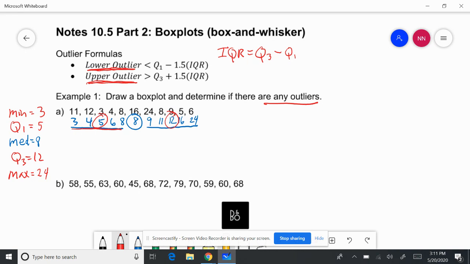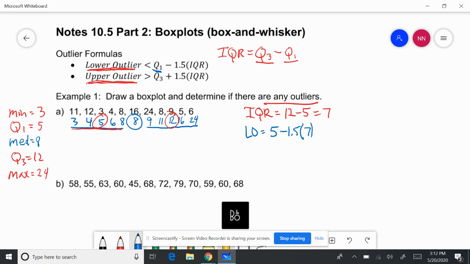How we check to see if there are any outliers is by using the formula. We're going to first find our IQR, and that would be 12 minus 5. Remember, it's our Q3 value minus our Q1 value. So that's 7. Now, in order to find our lower outlier, we're going to take our 5, which is our Q1, subtract 1.5 times 7.